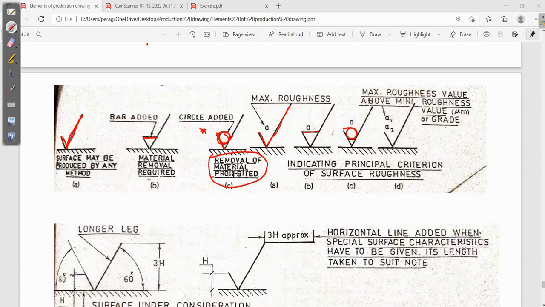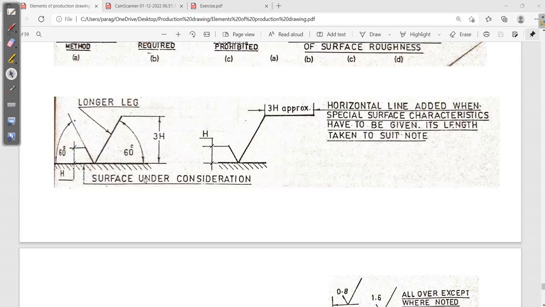Okay, so these symbols you have to remember. Now how do you have to draw those symbols? I'm talking about dimensions. See, this particular line you are drawing, right? So the angle must be 60 degree and 60 degree.